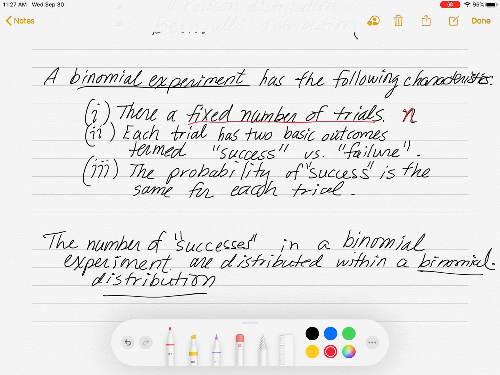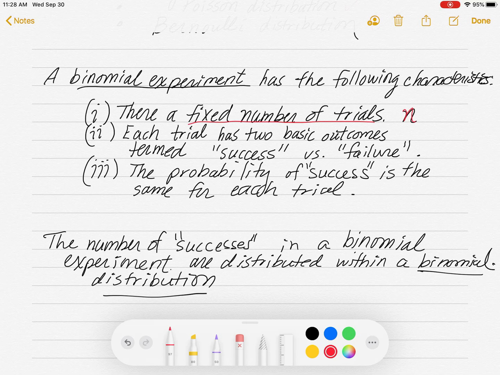Number 2, for every trial, you only have 2 outcomes: success or failure. In the case of tossing a coin, maybe we're interested in getting heads. So heads would be our success, and our failure would be tails. In the case of rolling a die, if we're interested in getting a 6, our success would be a 6, and our failure would be everything else: 1, 2, 3, 4, 5.